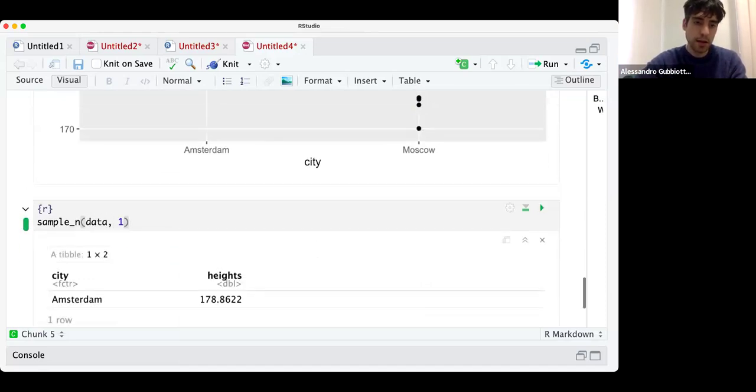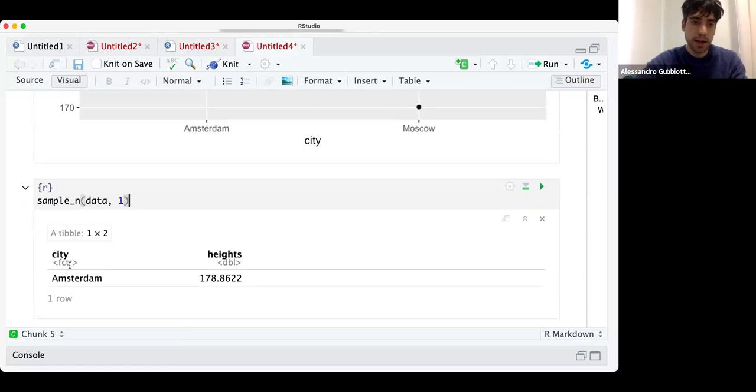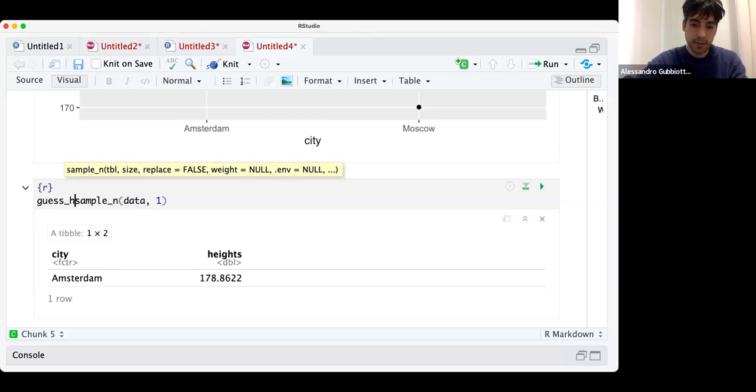Okay, we have this guy from Amsterdam. So let's say that we don't look at it. So let's sample another one, and let's save it into the variable guess height. No, let's say to guess, because we have to guess it.